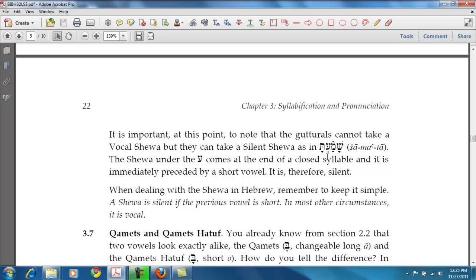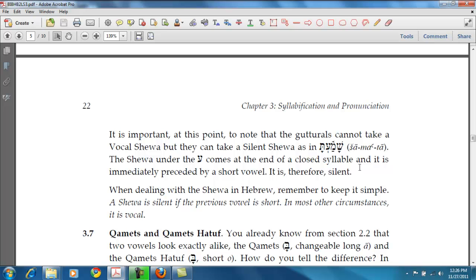So that's why it's there. And it's following a vowel, closing off that syllable. Remember, you have to start with a consonant, vowel, then the next syllable, consonant, vowel, consonant, and so on. This is three syllables: sha, ma, ta. Sorry about that, I got the accent on the wrong syllable. It's actually on this middle syllable here.